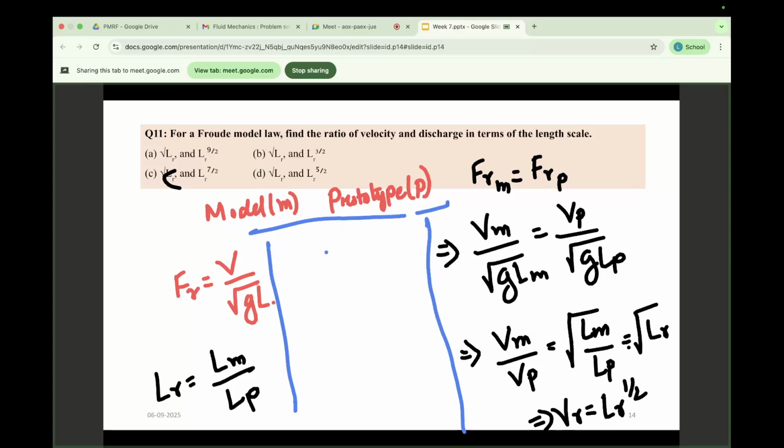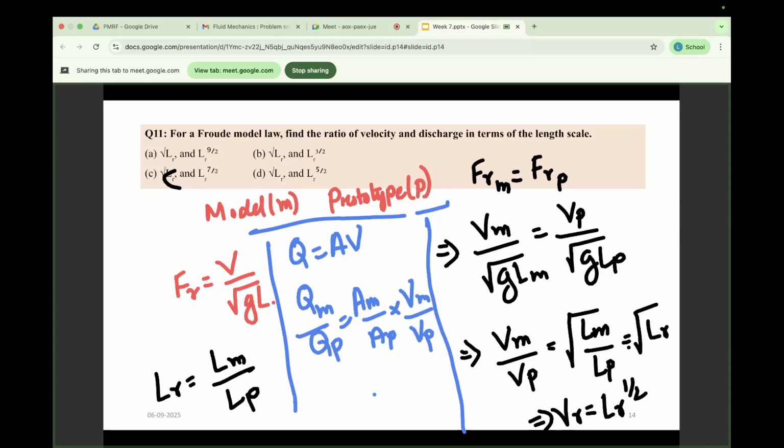Say in terms of Q. So velocity I got, now in terms of Q. We know Q is AV, right? I can write Qm by Qp equal to Am by Ap into Vm by Vp, right? So Vm by Vp basically is Vr.